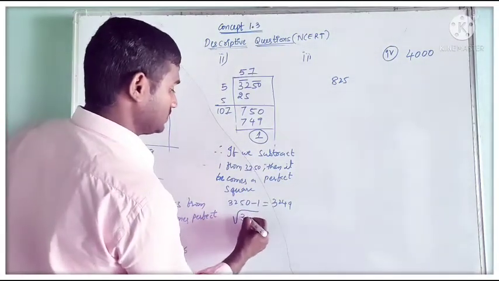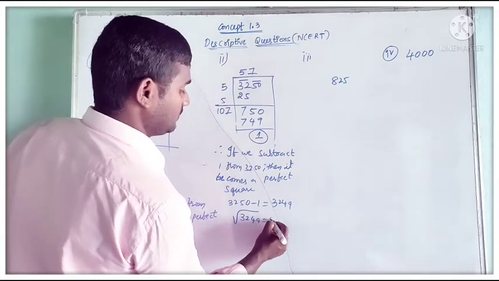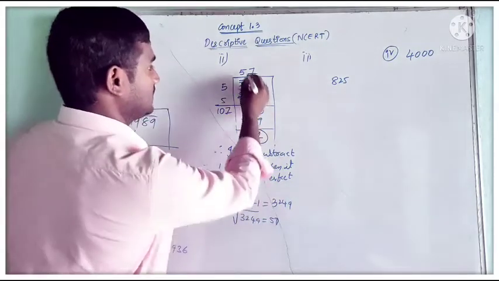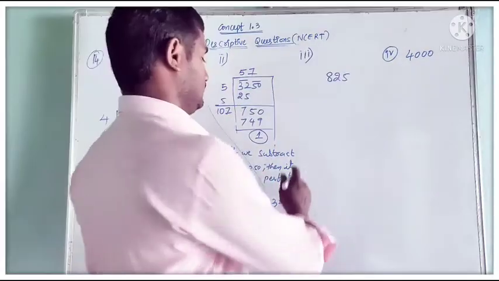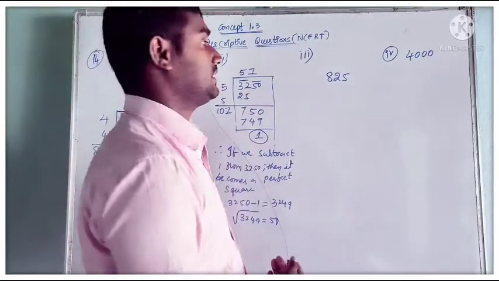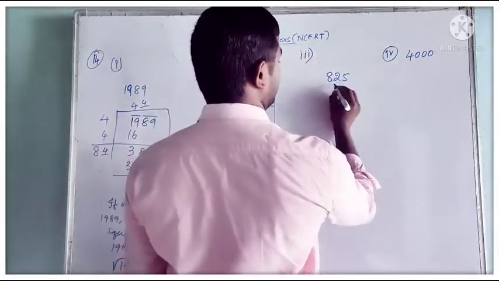The square root of 3249 is 57. That is the number we obtained, 57. Now the next question, 825. So you make the bars first.